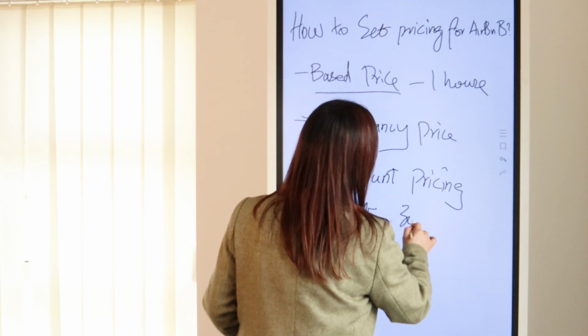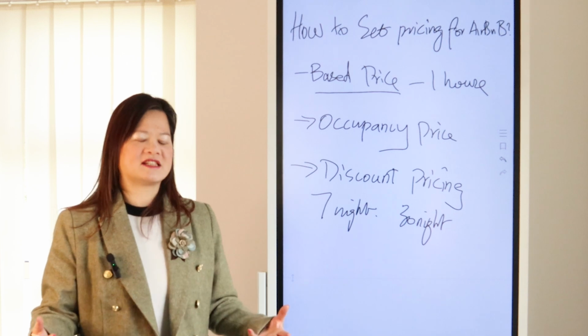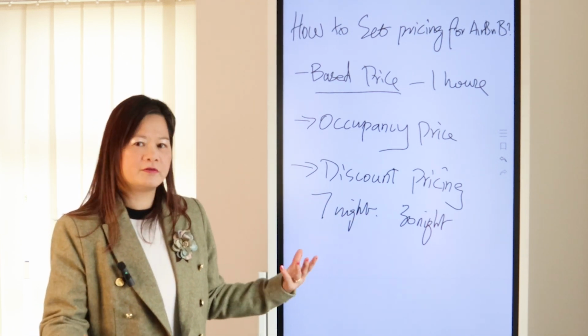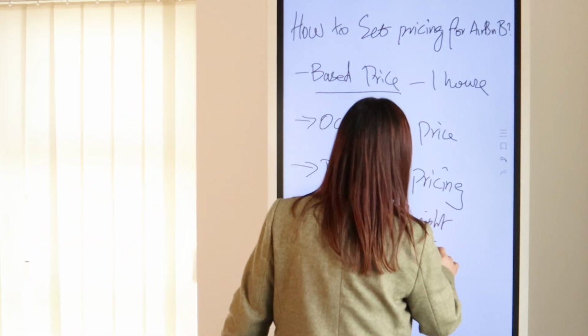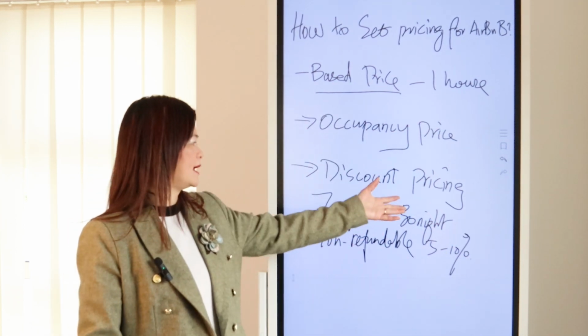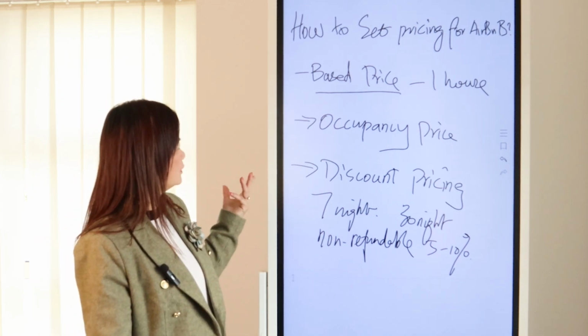It could be a 30-day discount. So you set whatever discount you want to do. The discount is typically about 5%, a non-refundable discount, for example. So people put 5 or maybe 10% discount. You could put 25% or 10% for 30 days, whatever you want to put.